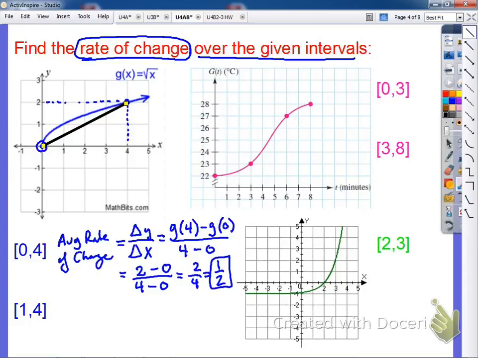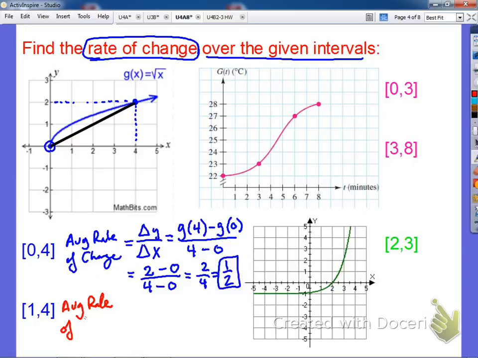So let's do this. What's the average rate of change between 1 and 4? Well, that's g of 4 minus g of 1 divided by 4 minus 1.